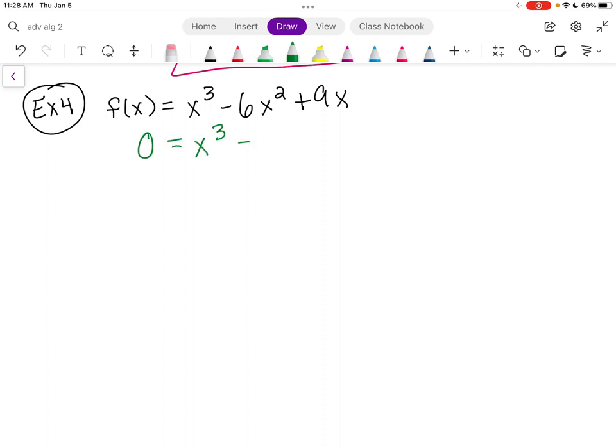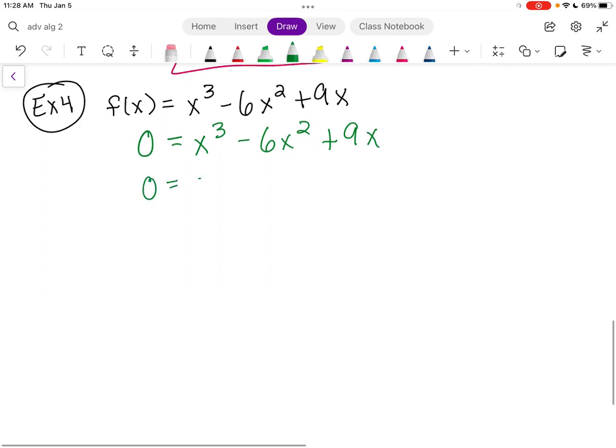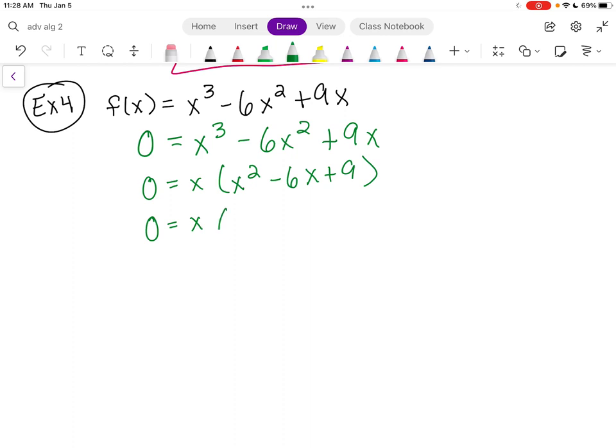Well, I should have talked about multiplicity. I'll do it in a minute. Here we go. Set equal to 0, then I'm going to go ahead and factor. I notice that there's a greatest common factor of x, so I'm going to go ahead and factor out the x. Then I have a trinomial here. I need to go ahead and factor that trinomial.